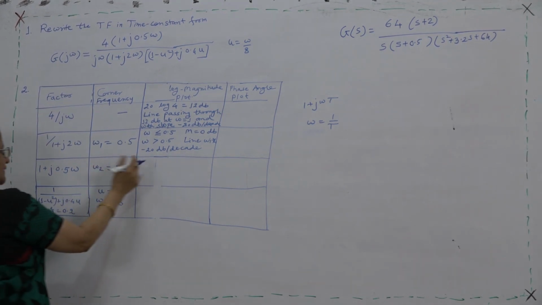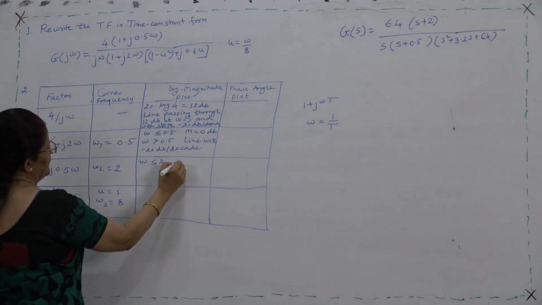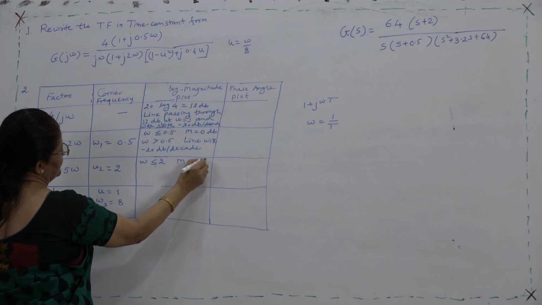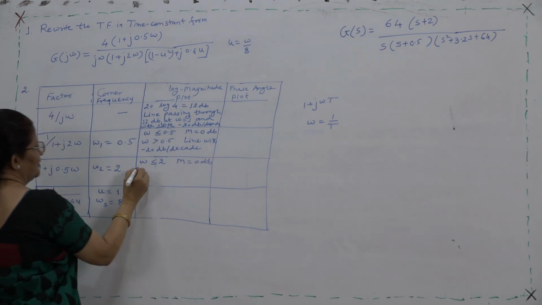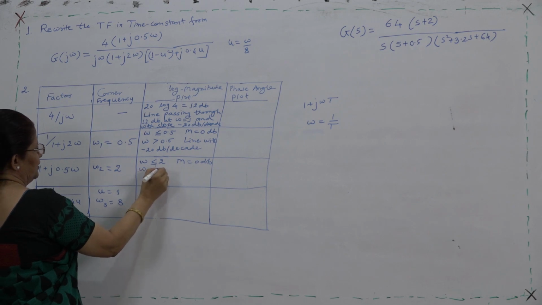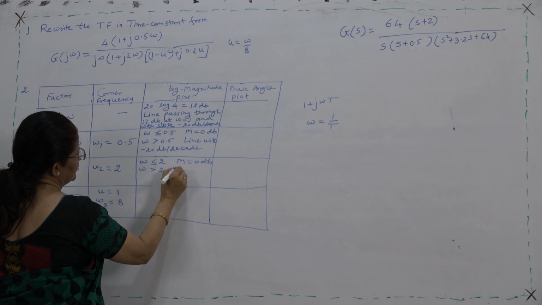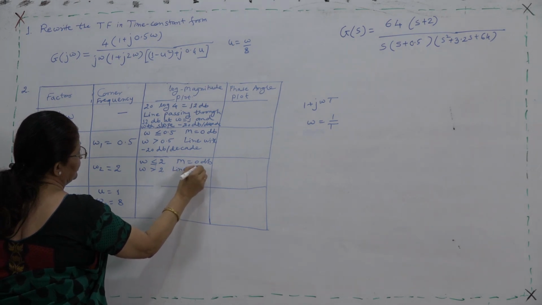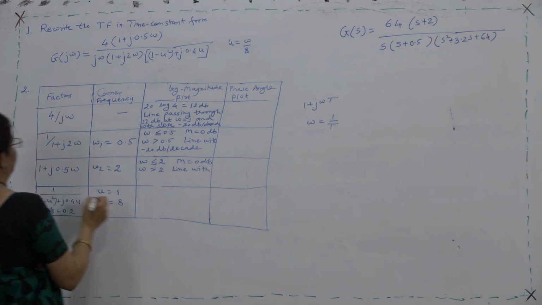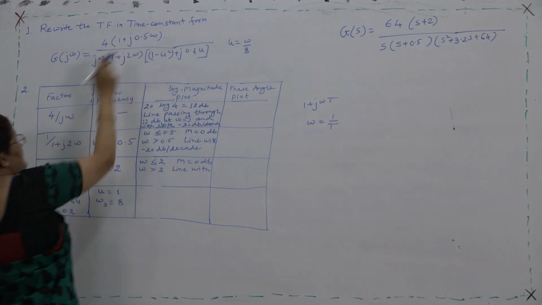What about here? For omega less than or equal to 2, the magnitude is 0 dB. For omega greater than 2, see here it is at the numerator, this is a zero.